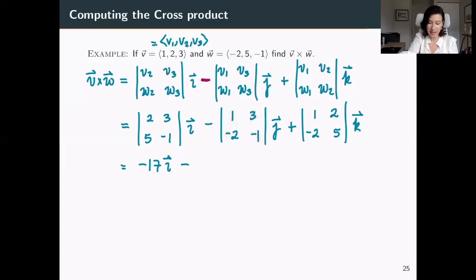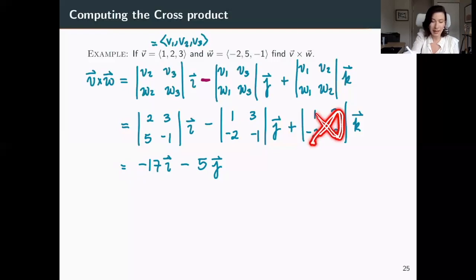So we have negative 1 plus a 6, giving me 5. So in total, I have minus 5j. And lastly, for our last determinant, we have 5 minus a negative 4. So it'll be 5 plus a 4, being 9. So lastly, I get plus 9k.